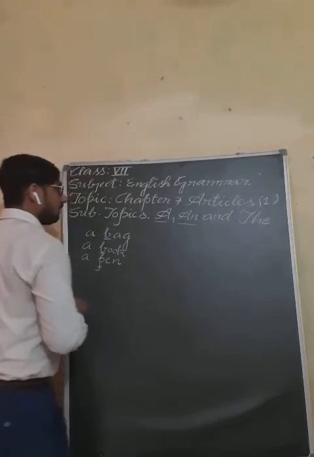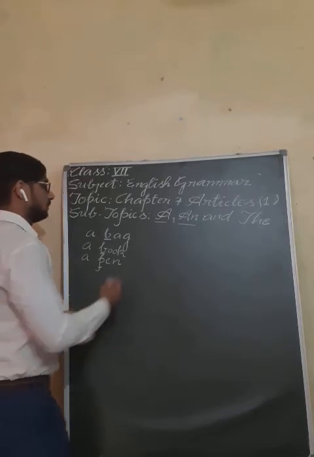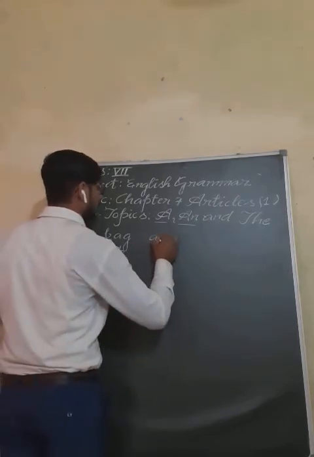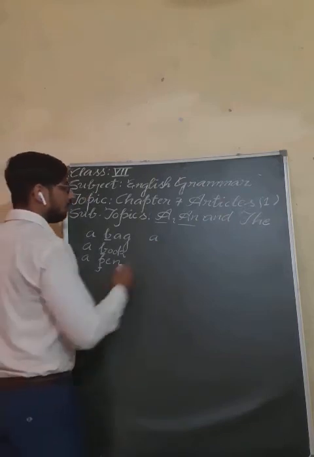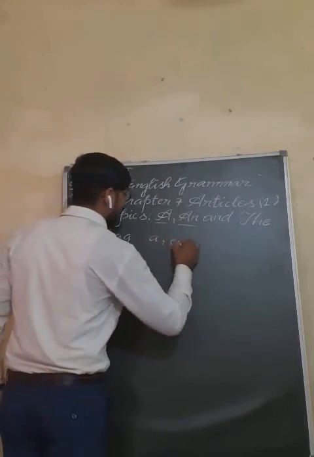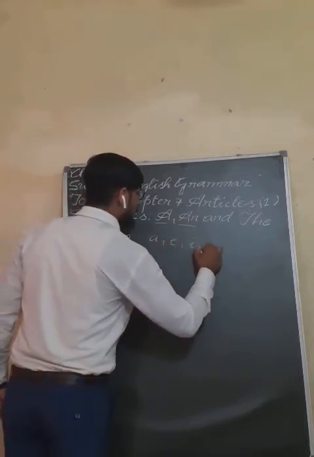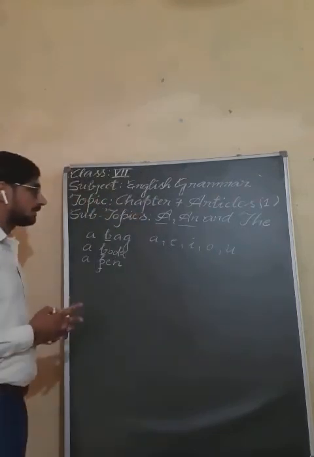We are coming here to where we will use an. We must know that according to us, these 5 letters A, E, I, O, U are vowels.